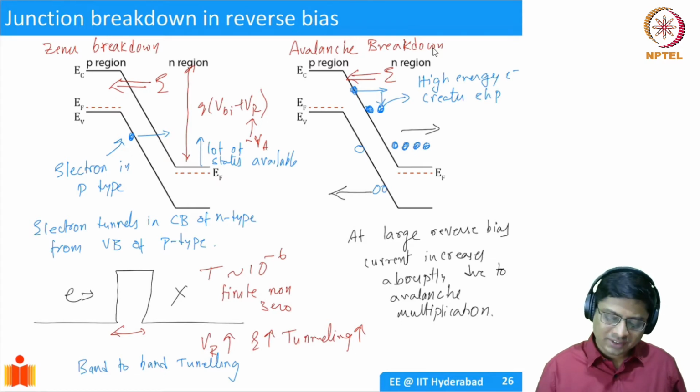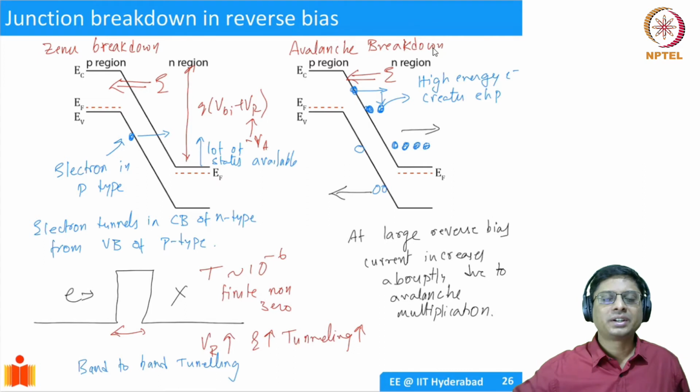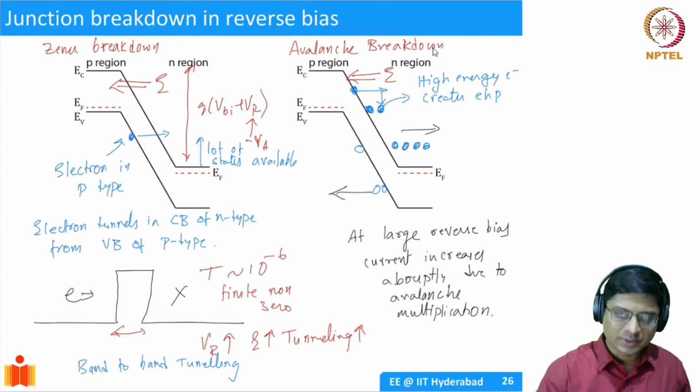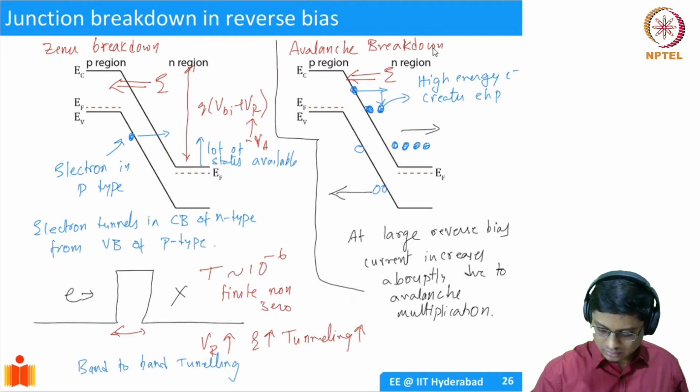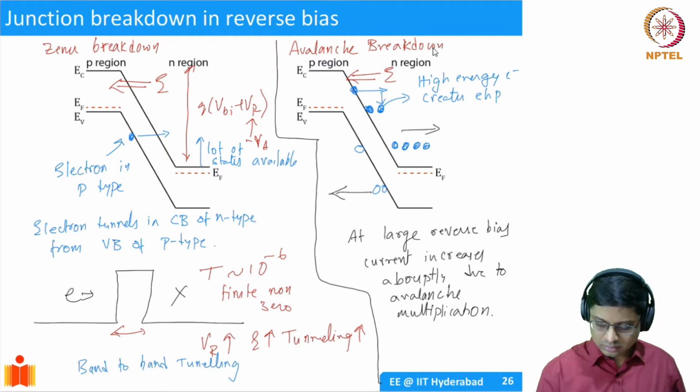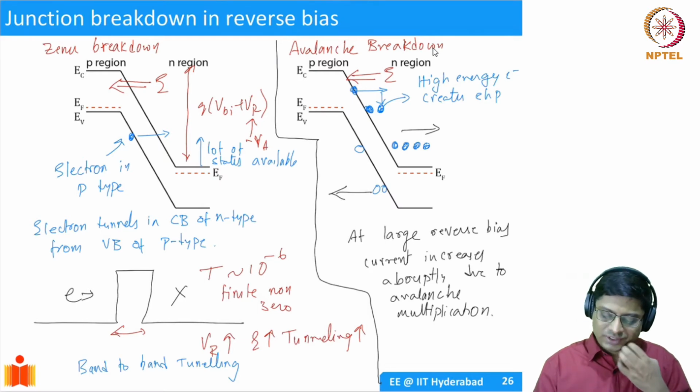By which we mean that essentially each electron is going to create more electrons and so on. That's why we call it avalanche. All right. So this is called avalanche breakdown.